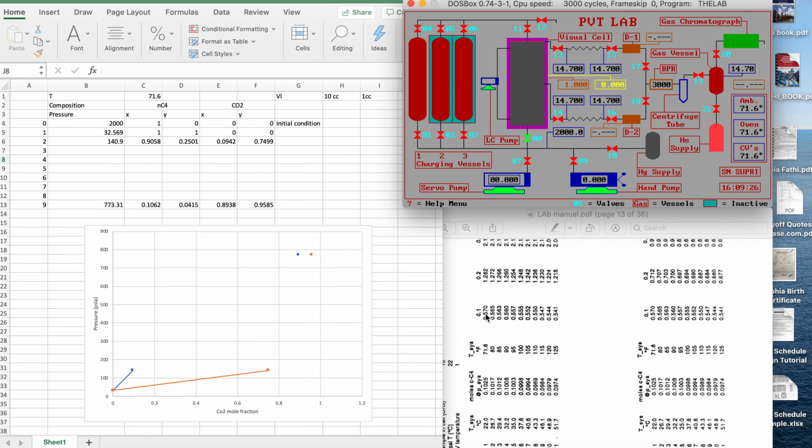To do that, exactly like before, I'm going to open valve 9, valve 11, and valve 4. And I'm going to remove, this time, 0.057.